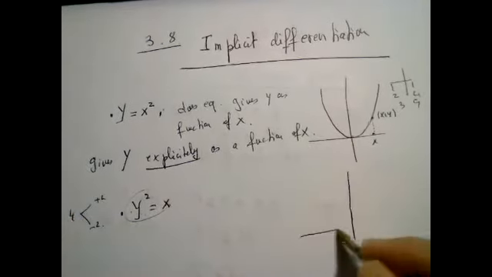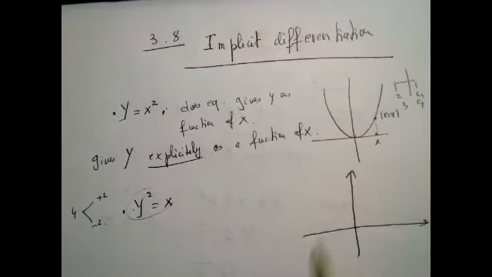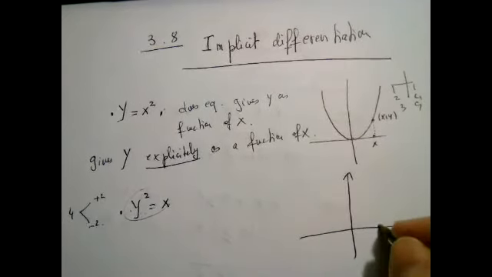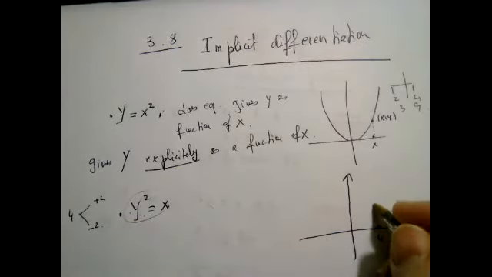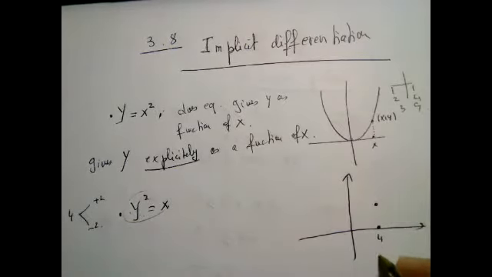So if I'm going to sketch the graph, if x is 4, I don't only have 1 y, I have 2 of them that satisfy this equation. If I take x to be 9, I have 2 of them. If I take 1, I have 2 of them.